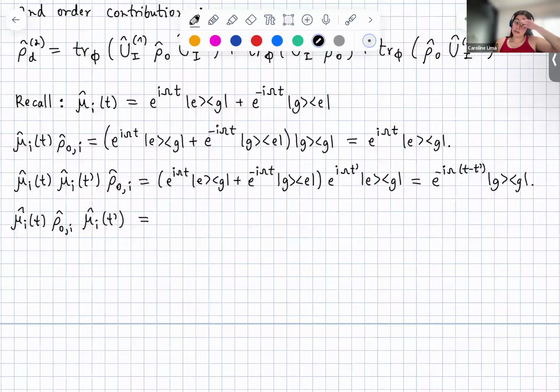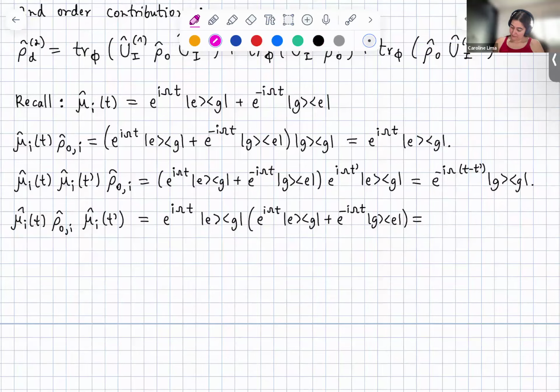So again, I'll just copy the result that I had in the very first one for this part. So I already have the e^{i omega t}, and then |e><g|, and then this acts on e^{i omega t}|e><g| plus e^{-i omega t}|g><e|.